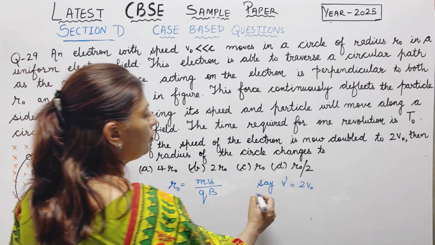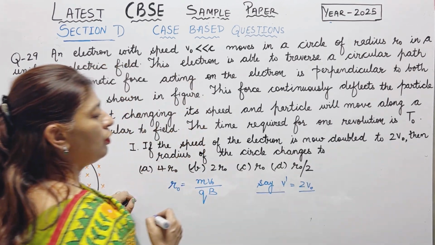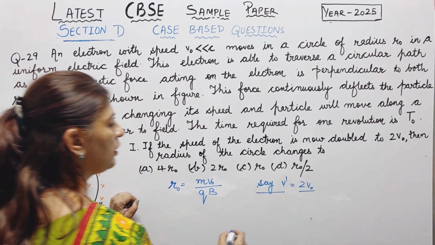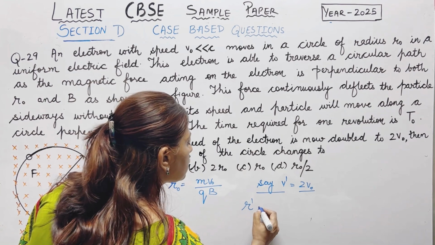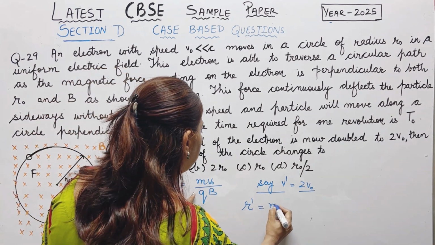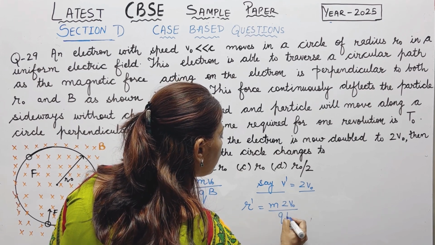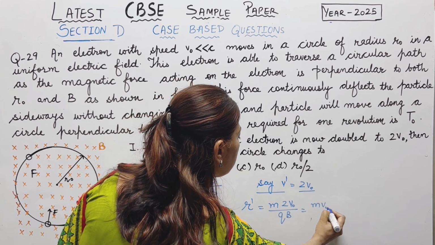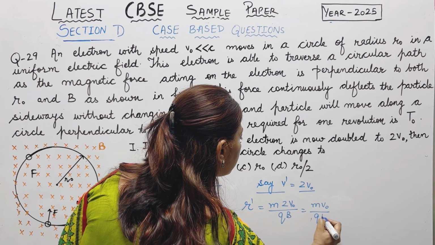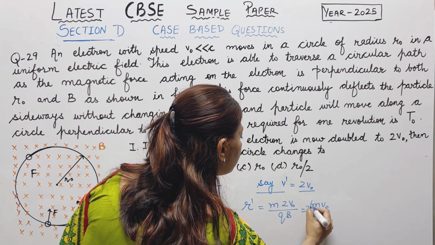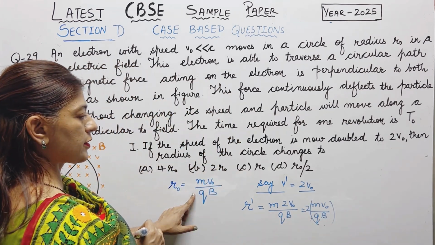So the new velocity is equal to 2 times the initial velocity. So the new radius will be equal to m times 2v naught over qB, or mv naught over qB into 2. Rearranging, we get this result.